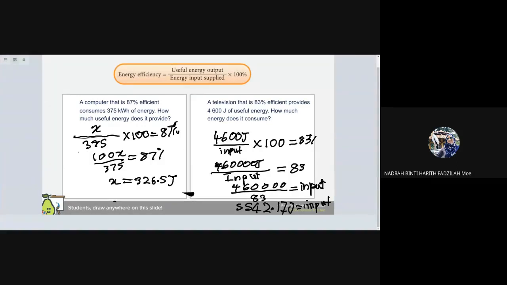Oh, okay. Siapa yang dah siap, I'm switching this to student pace. You can move on to the next slide. Macam Rashdan dah siap kan? You can go to the next slide. Slide 8 pun ada calculation juga.